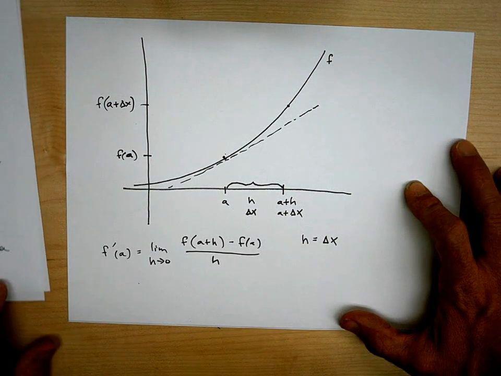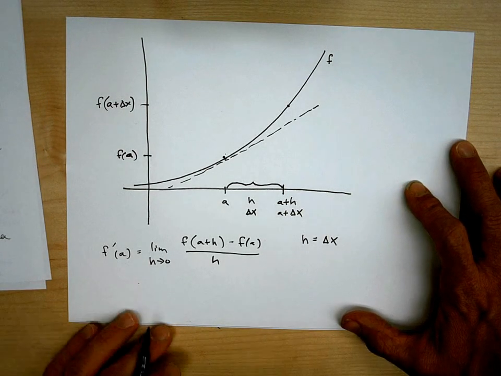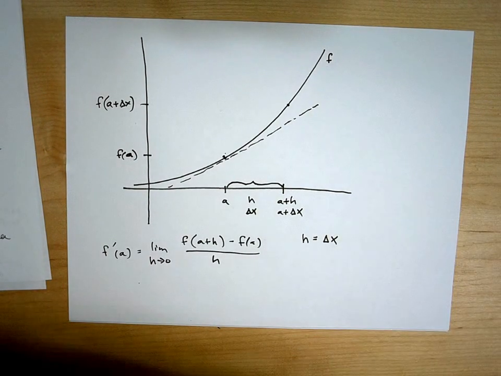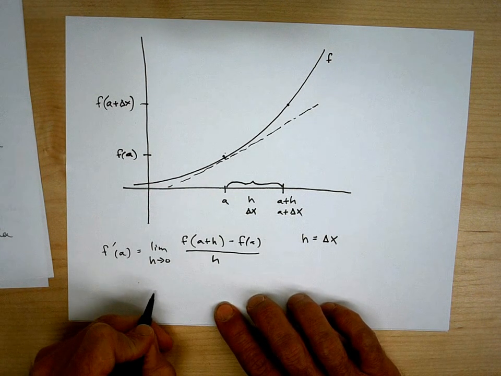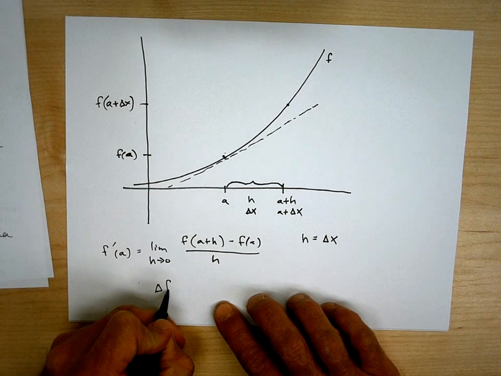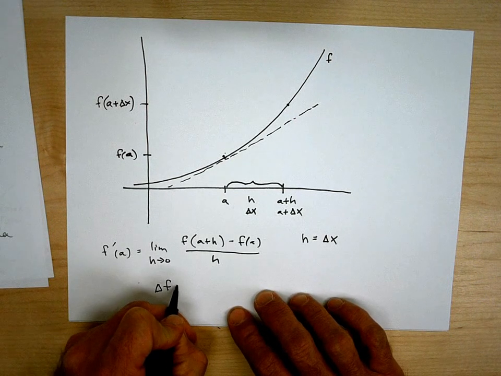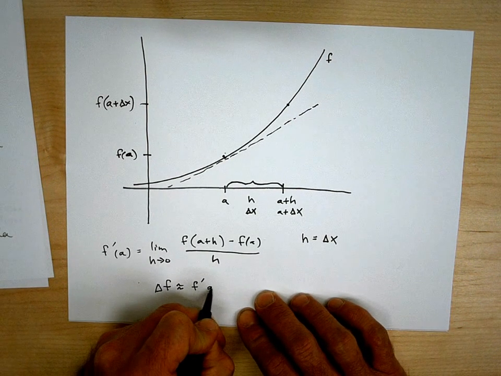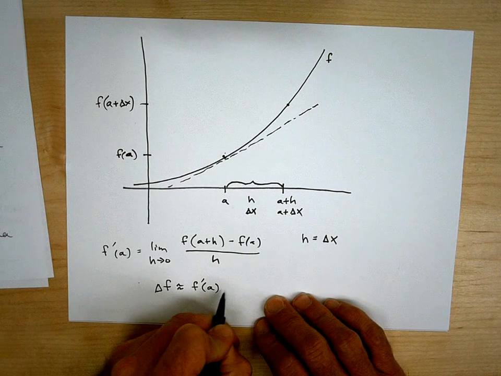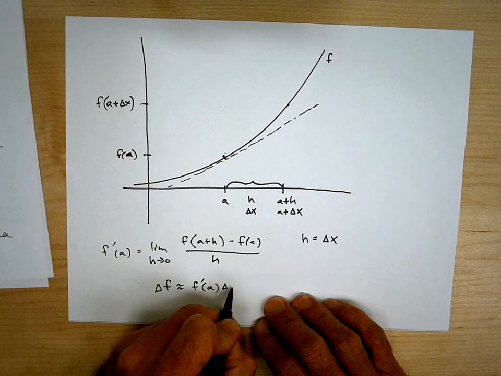All right. Now, we're going to want to define something here. It is delta f, and it can be approximated by f prime of A times delta x.